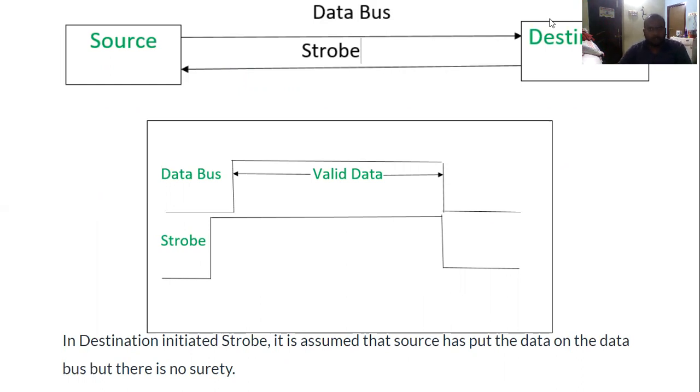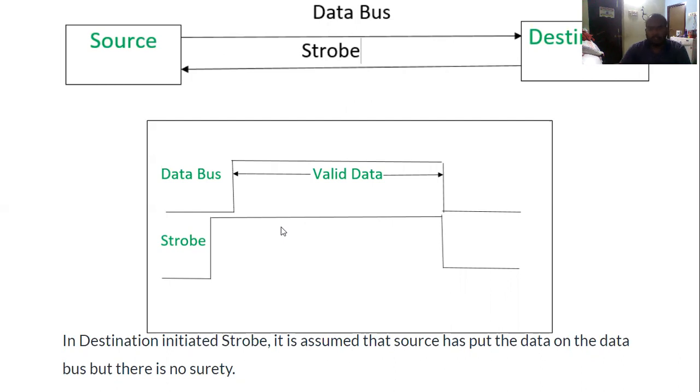Here we see the source and the destination. The data in the source will be transferred by the data bus to the destination, and the destination will cancel the strobe.